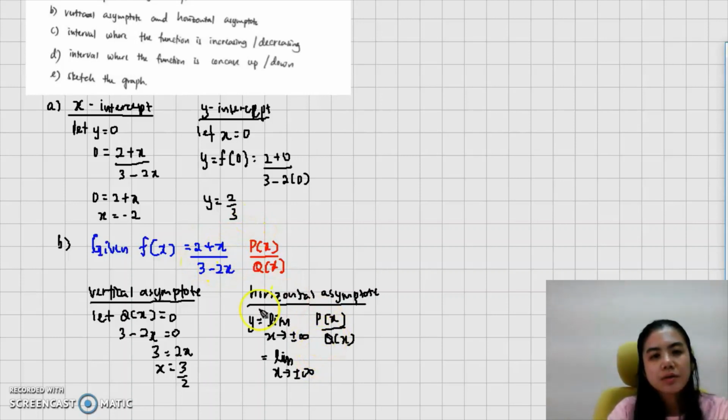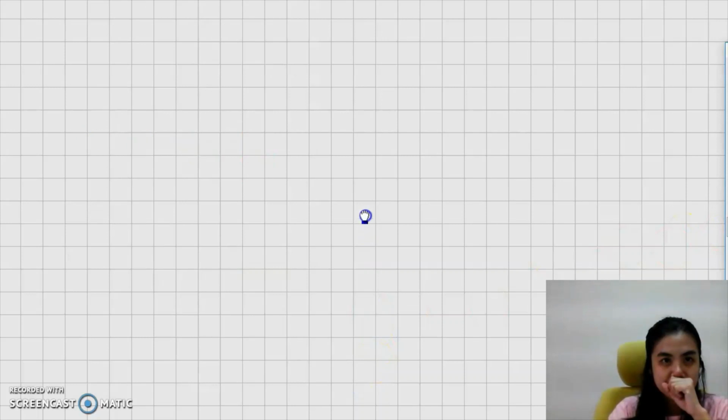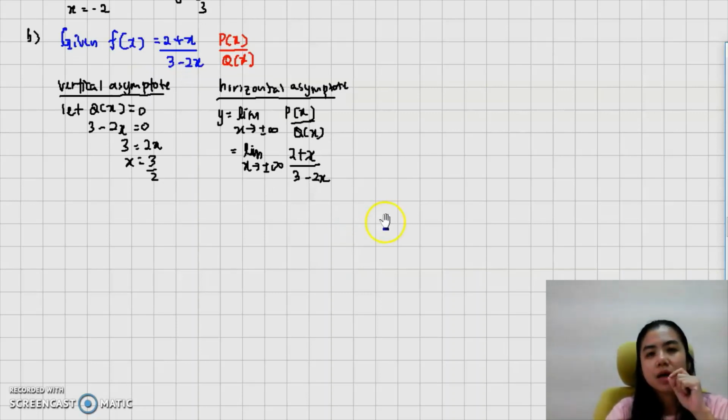We will have (2 + x) over (3 - 2x). Now you have to solve this so that you can get your horizontal asymptote.